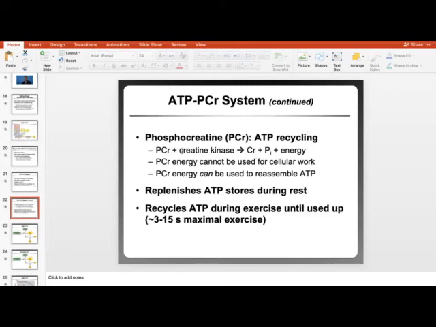With the rate limiting enzyme creatine kinase, the phosphocreatine in your body breaks down into creatine plus phosphate, and energy is released. That energy can then be used to reassemble ATP. So there's this big recycling process.